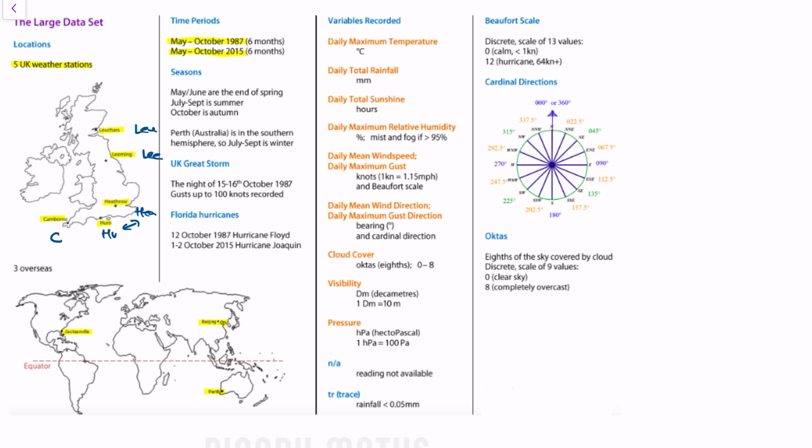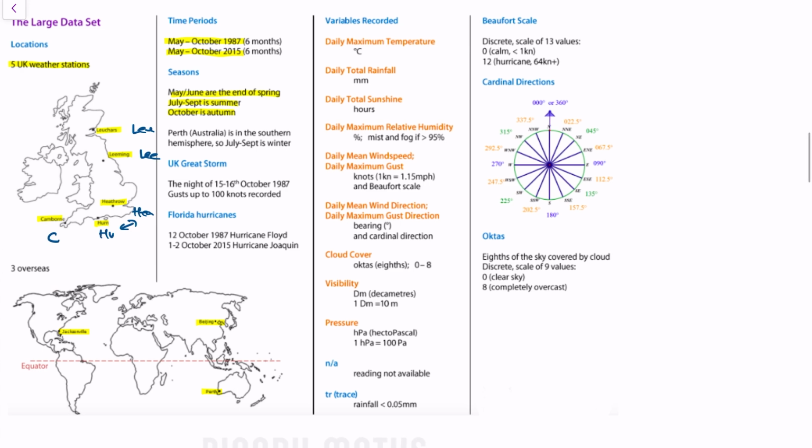Obviously May and June is the end of spring. July to September is summer. October is autumn. But the only thing you need to realize is that because Perth is in the southern hemisphere, it has the opposite seasons. Which means July to September is winter.